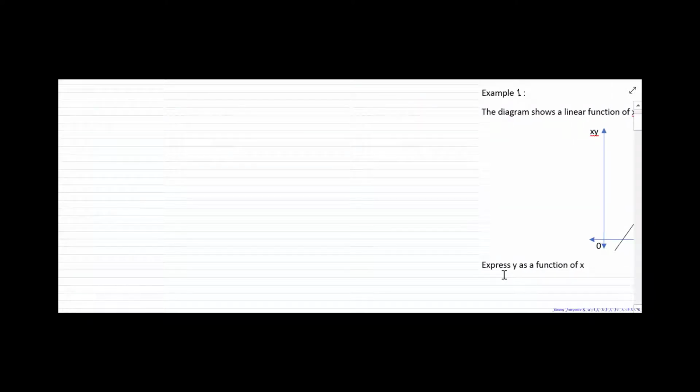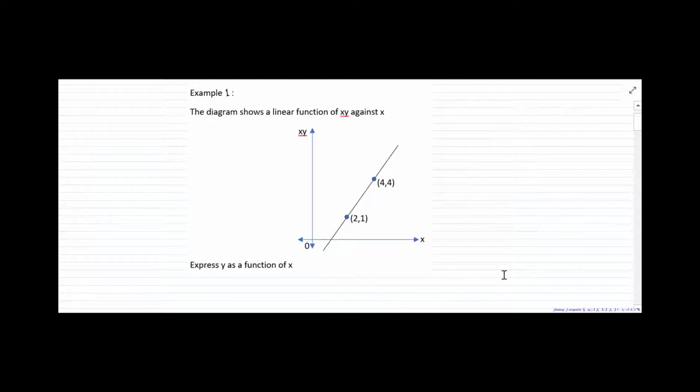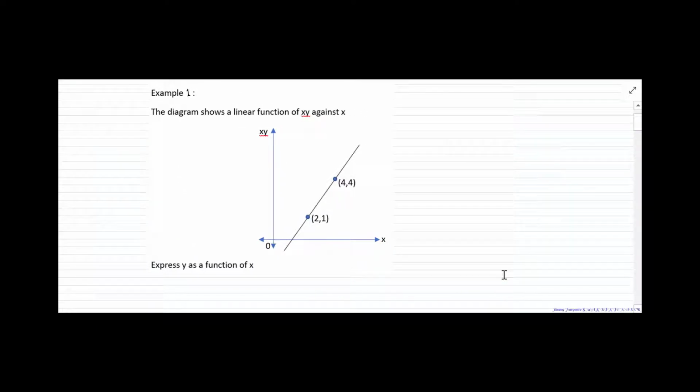To understand better, let's look at example question 1. What you will face in this chapter are questions like this. Example 1. The diagram shows a linear function of y against x. Express y as a function of x. So we have to find the original function of this straight line. Do you remember our lesson before?